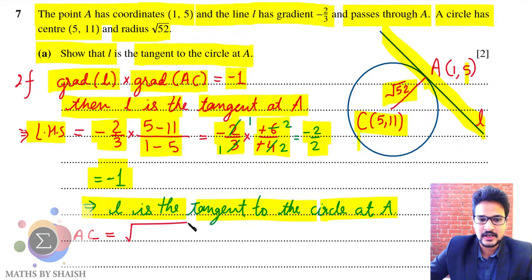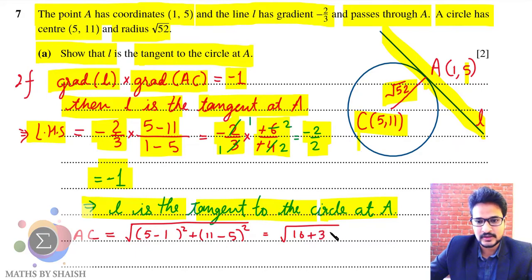So for AC, we have both the points. We are going to calculate (x2 - x1) whole square plus (y2 - y1) whole square. Let's say x1 is 5 minus x2 is 1, and then 11 minus 5. It becomes 4 square, 16, plus 11 minus 5 is 6, square is 36.